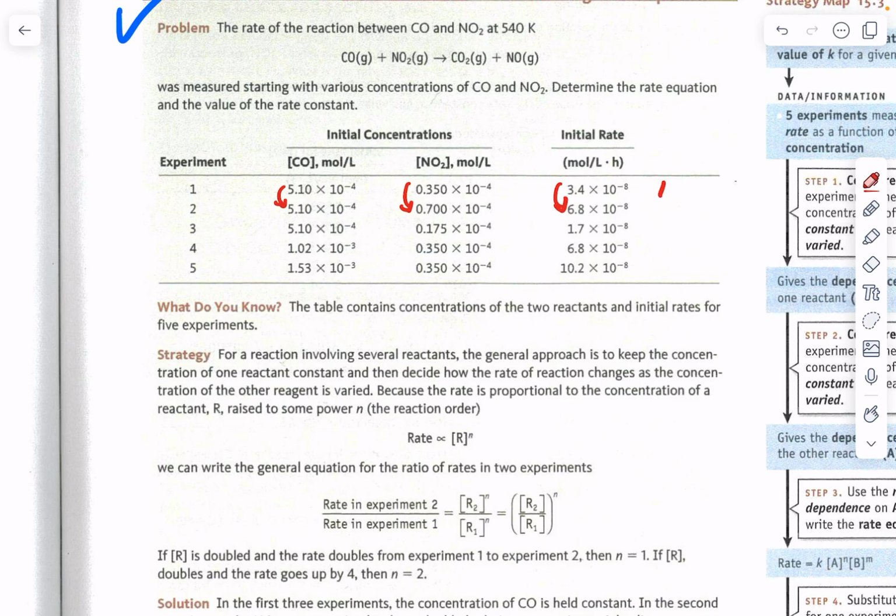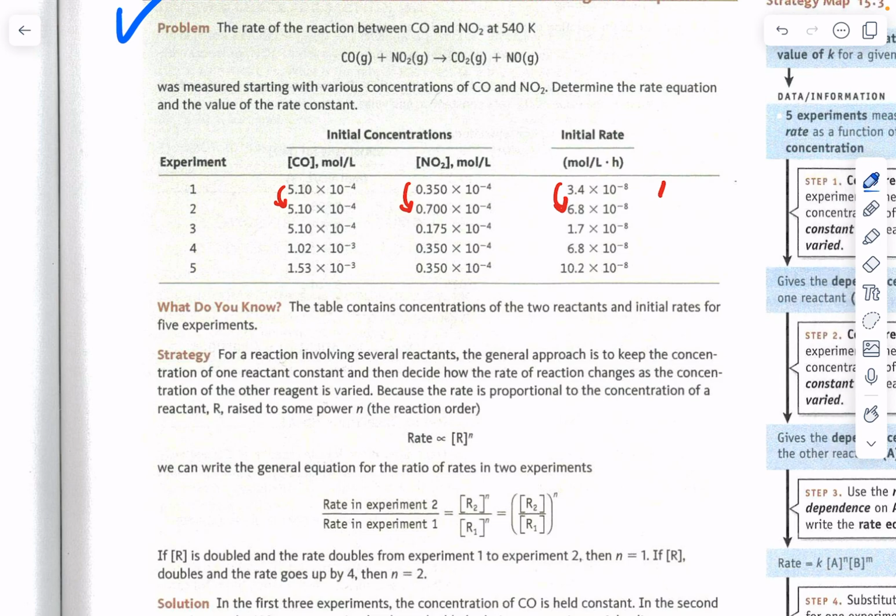Let's see, we might want to look down here. I'm looking for some other places to check. Let's say we go from here to here. No, I don't want to do that one. So I'm going to erase that. I need to find a place where I'm holding the molarity of my nitrogen monoxide constant. So let's look at this one.